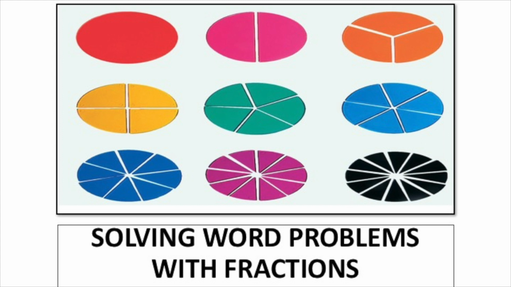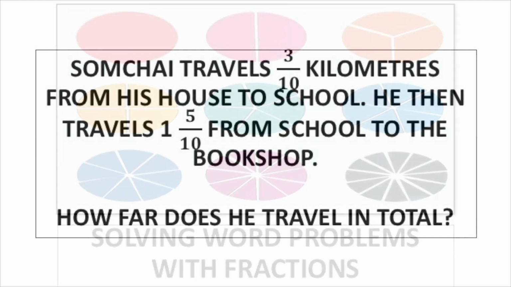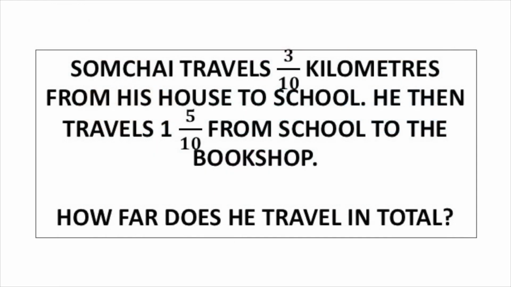What we'll do first, we'll read the first word problem, and then we'll decide what fractions need completing. Somchai travels 3 over 10 or 3/10 kilometers from his house to school.